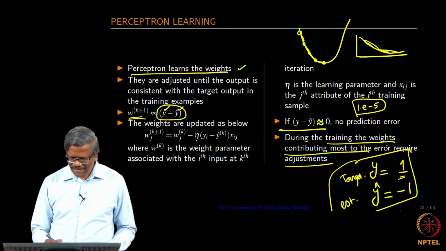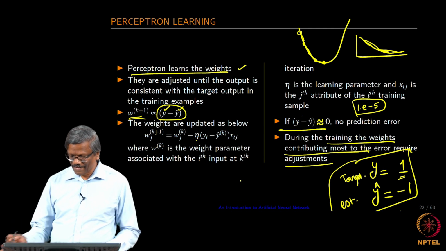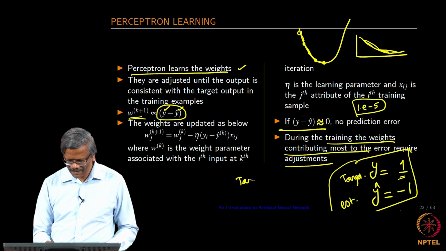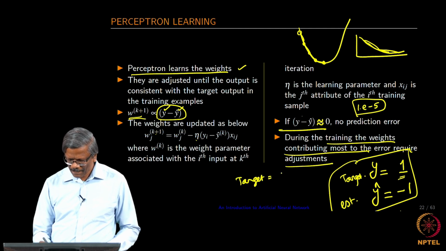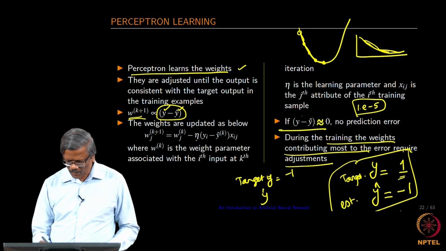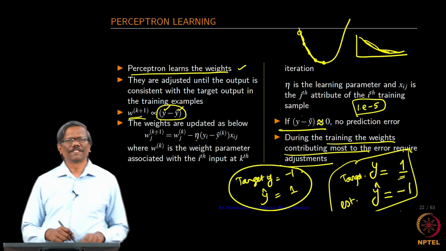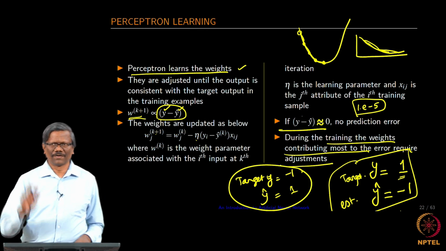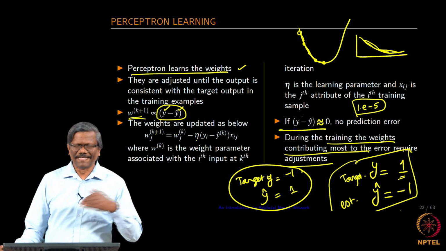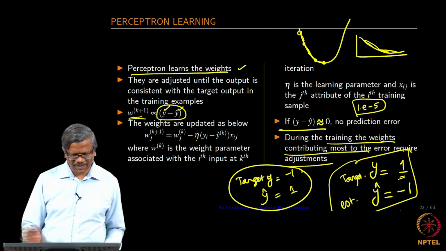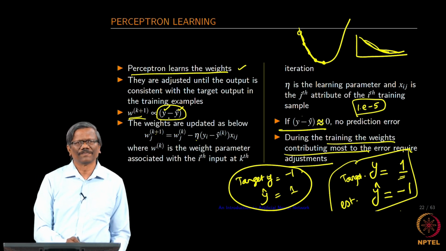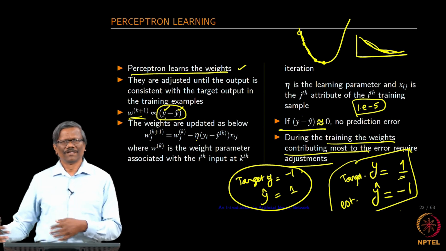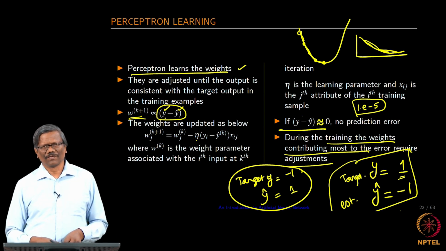Another example would be target is minus 1 and y hat is 1. In which way would you adjust the weights, either increase or decrease the weights by a certain fashion? We know that it is proportional to the error, right. In which way would you move the weights?